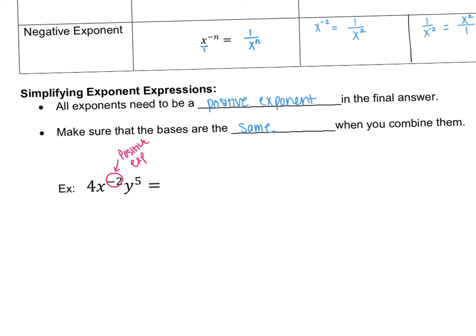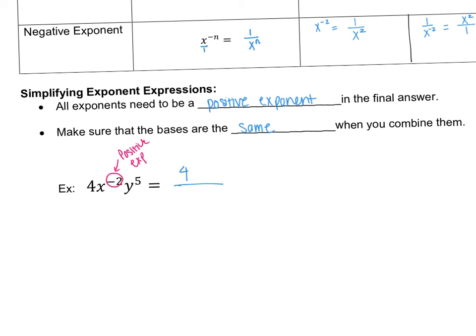And to do that, I need to think about switching maybe this x into the denominator. So first off, let's create a fraction here. When I have this fraction, I've made the fraction because I notice a negative exponent. So this 4 doesn't have a negative exponent. So this 4 gets to stay where it belonged in the first place, which is the numerator.